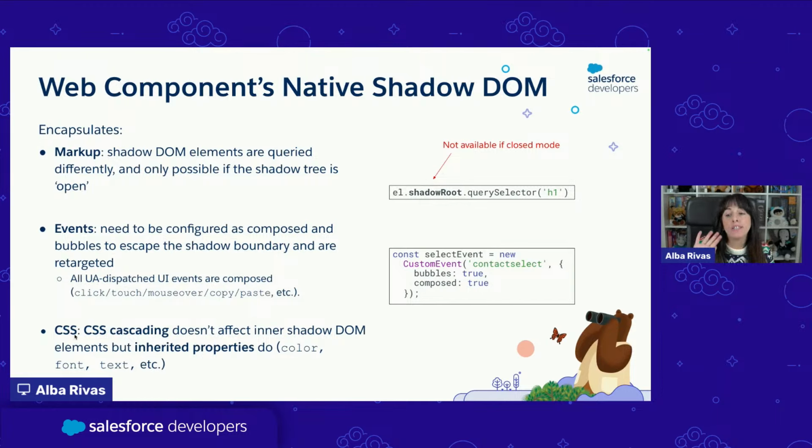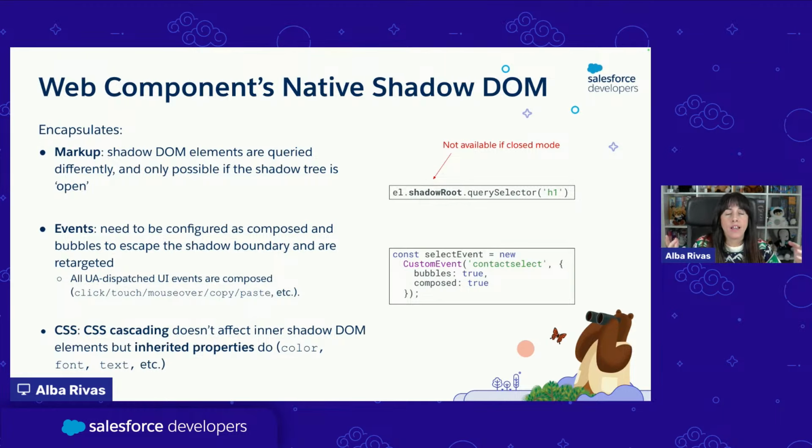And then in regards to CSS, which is one of the big topics that we are going to discuss today, thanks to that shadow boundary, that protection, the CSS cascading styles won't leak into your component.